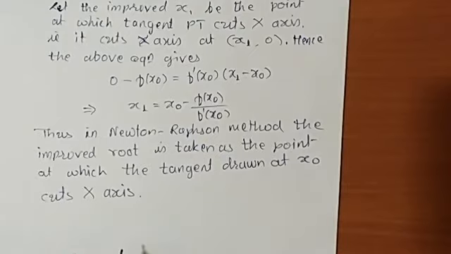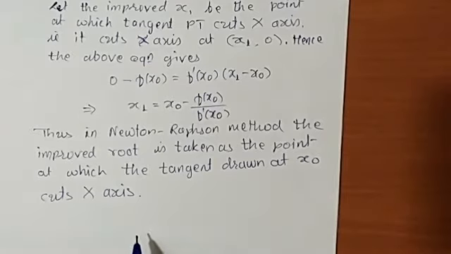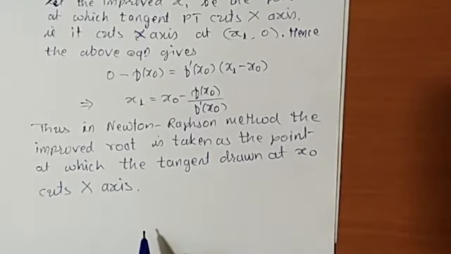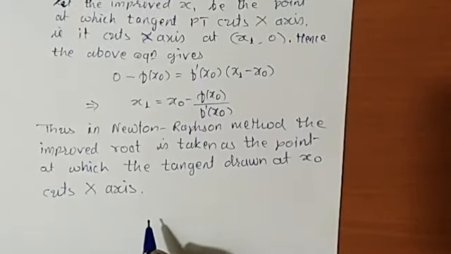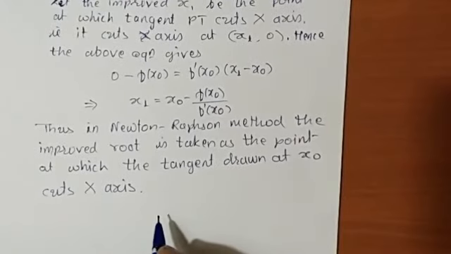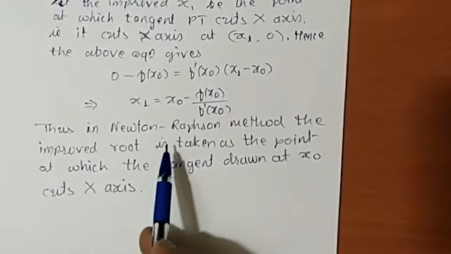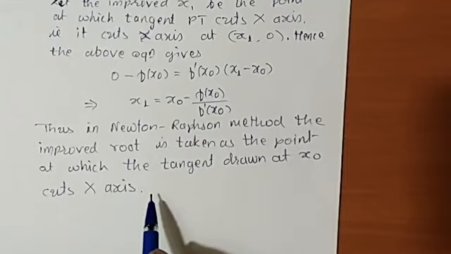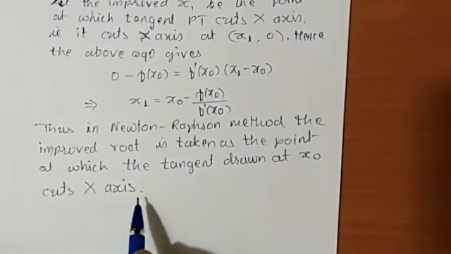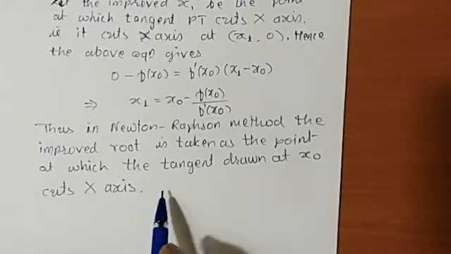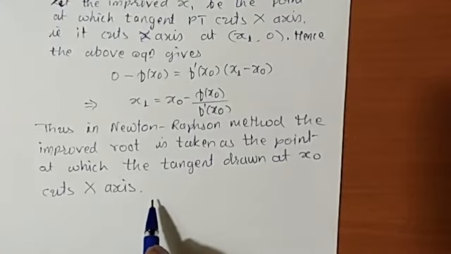So this gives me the same formula. Therefore, here we considered the tangent, and in the false position method we considered the secant. Naturally, the Newton-Raphson method converges to the exact route much faster than the false position method.